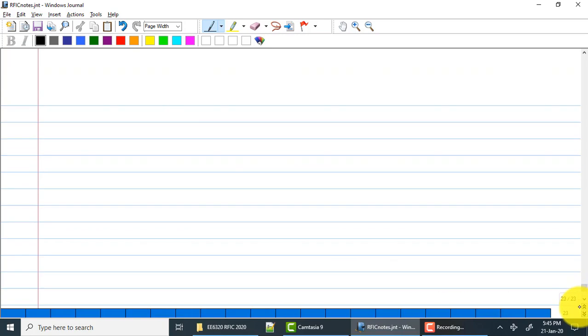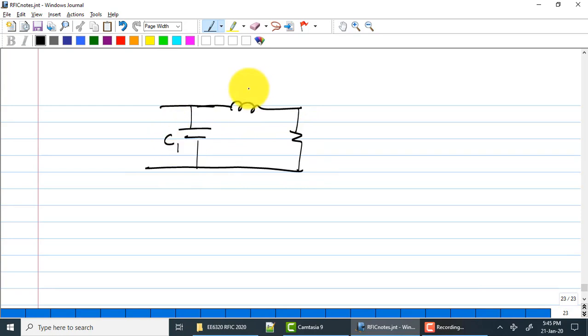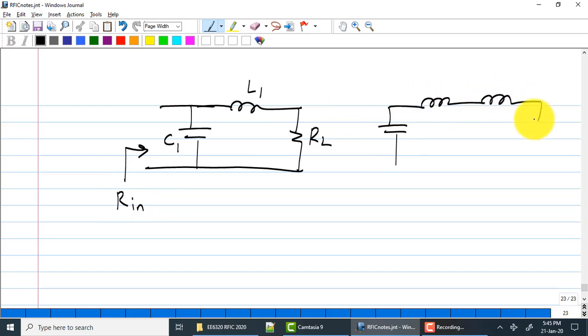What I do is I first find out values of C1 and L1 that will match RN to RL. Agree? Now imagine conceptually I'm going to split that L1 into L plus LL.